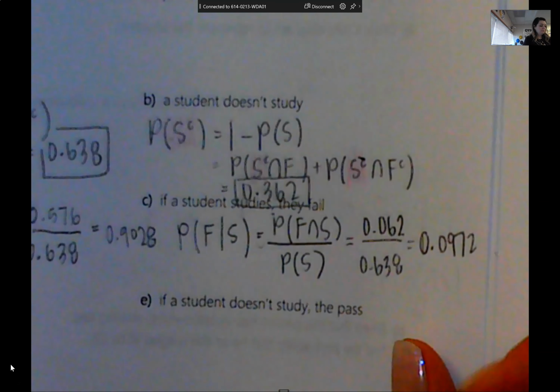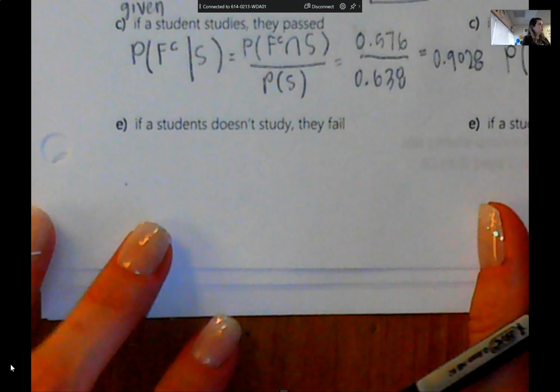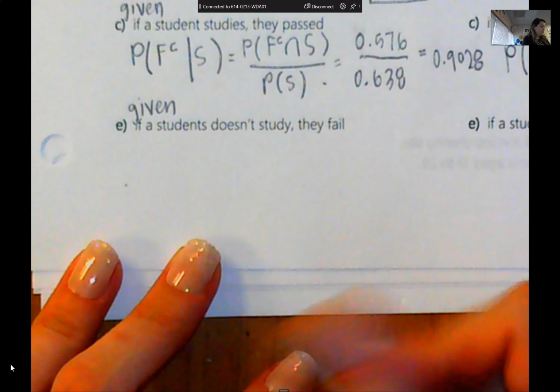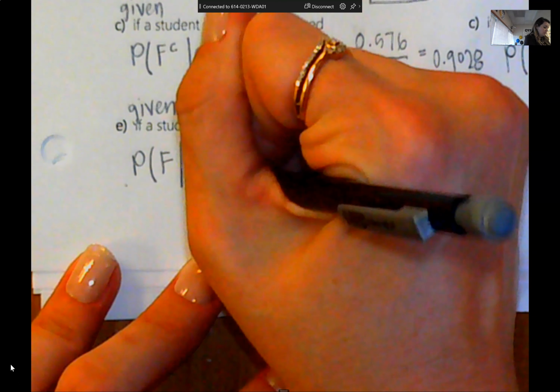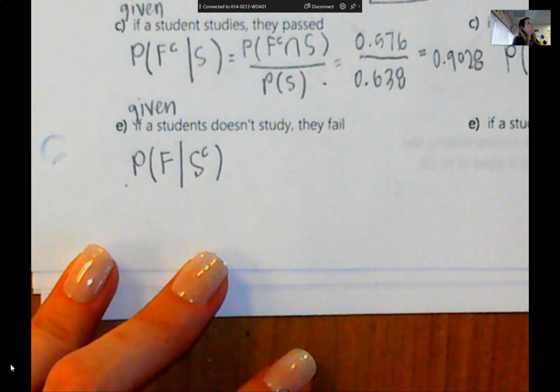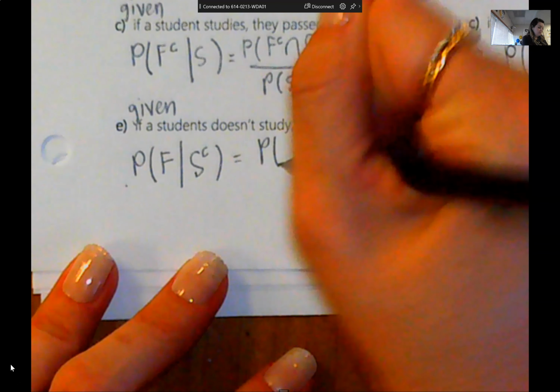Okay, two more. If a student doesn't study, they fail. So this is your given this time. So P of fail given did not study. So it's that formula again.